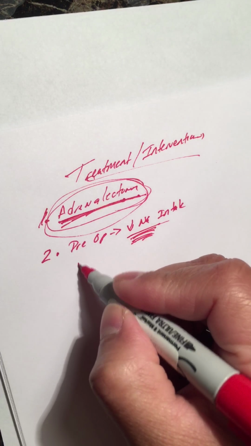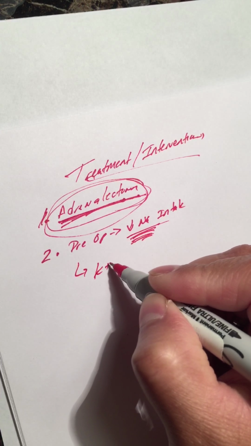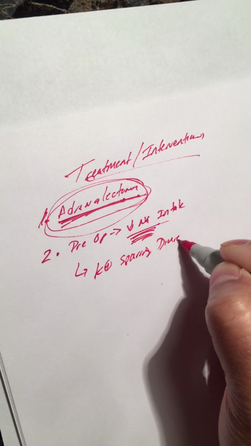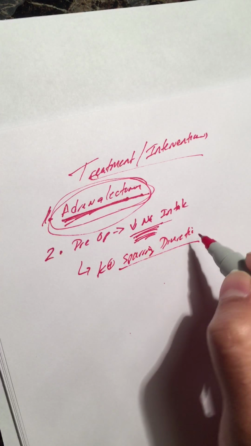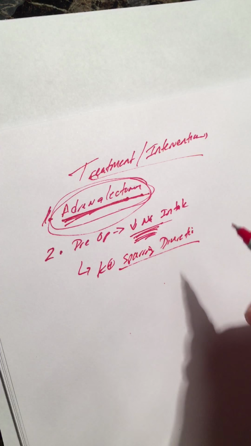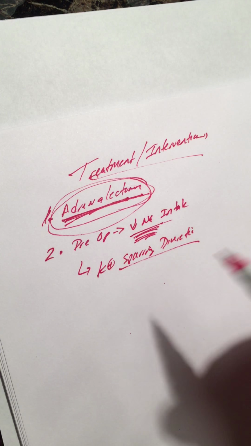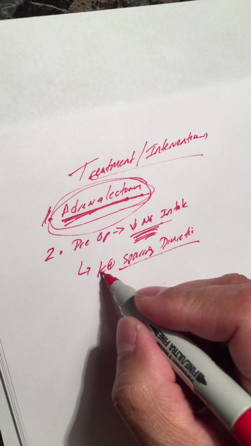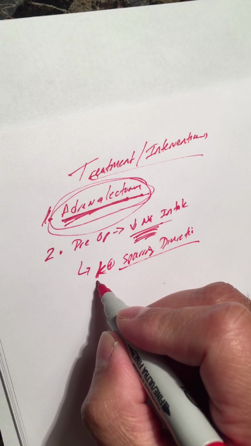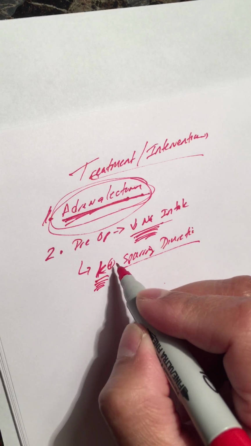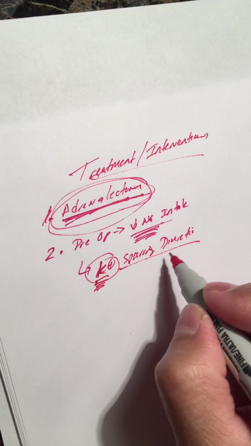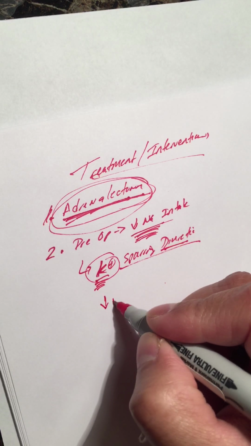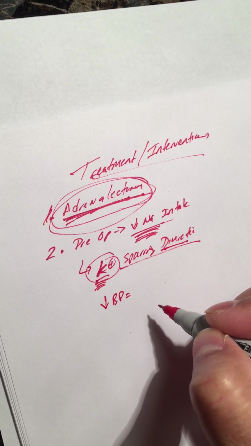You may give a potassium sparing diuretic. Because again, aldosterone is going to cause potassium excretion, making you hypokalemic. So if you're going to give a potassium sparing diuretic, you want to make sure that, again, it does not get rid of potassium. Therefore, it will be a potassium sparing diuretic. The reason you're giving a diuretic is to hopefully bring that blood pressure down.